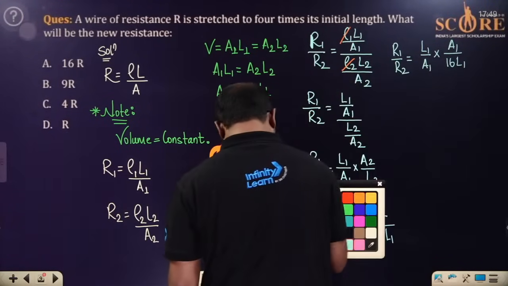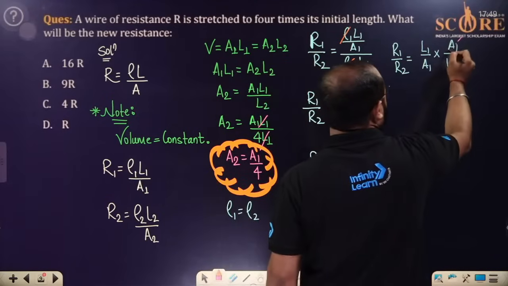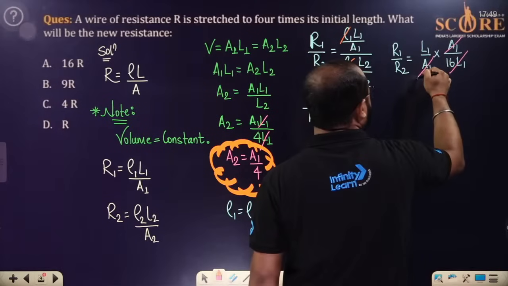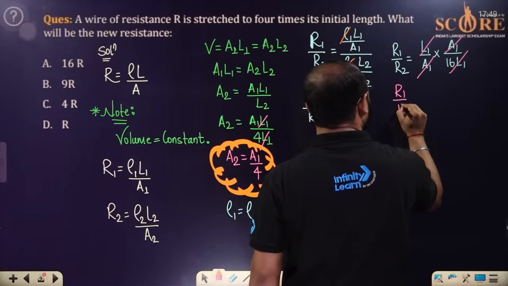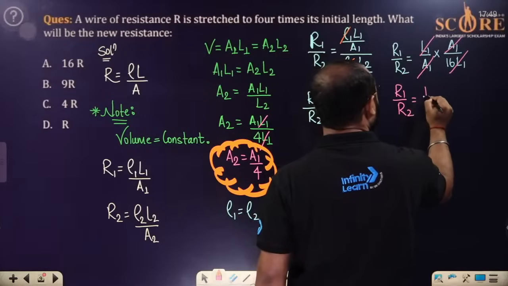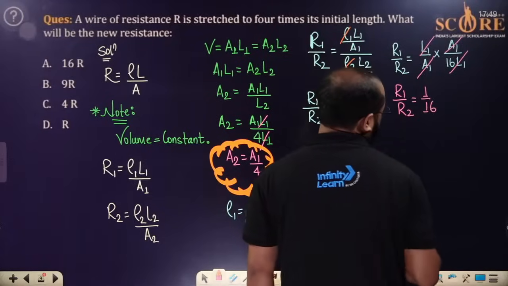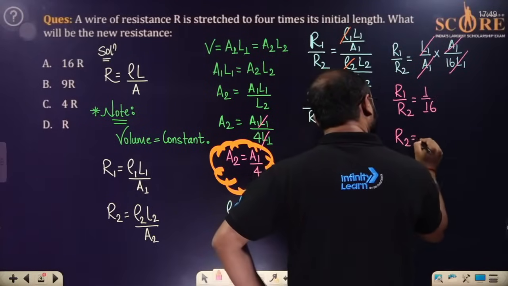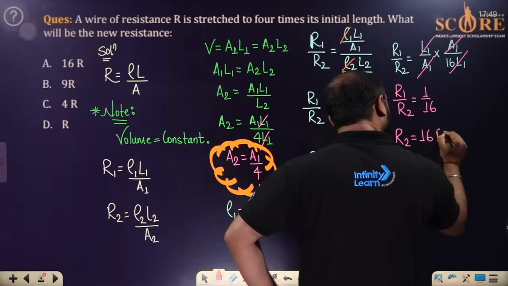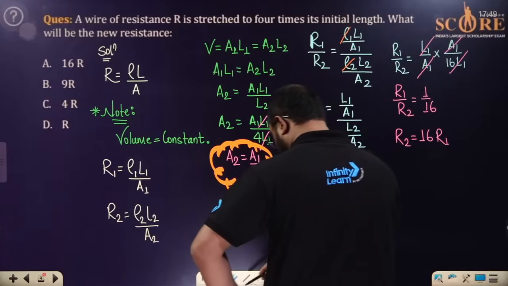Now from cross multiplication, this and this cancel, this and this cancel. What we get is that R1 by R2 is equal to 1/16. But we are interested in finding R2. In that case, R2 will be equal to 16 times R1. That will be the answer.